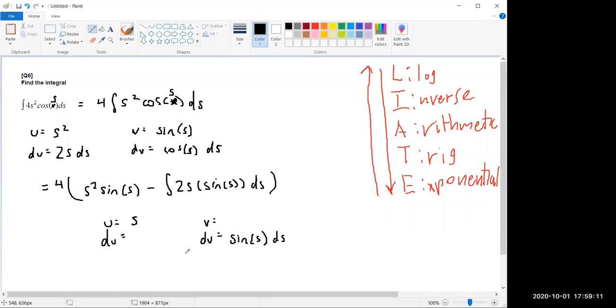So if you choose this, then du is 1, and v is, was it negative cosine? Wouldn't s become ds though? Oh yeah, it'll be 1 ds. Usually when we take the derivative, you write the differential afterwards.